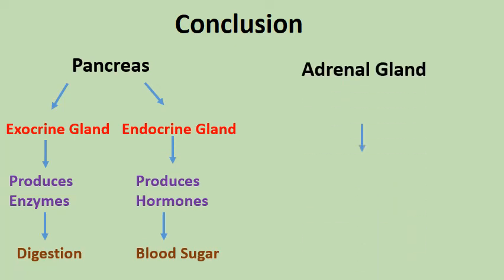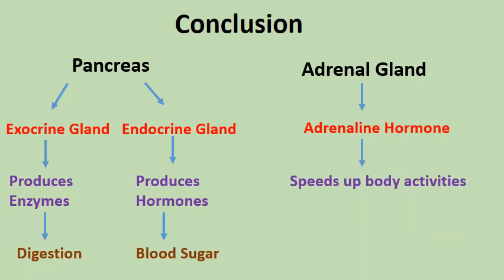The adrenal gland secretes the adrenaline hormone, which speeds up body activities like the breathing and the heartbeat. Thank you.